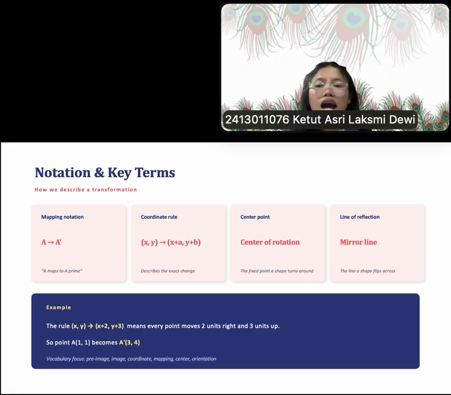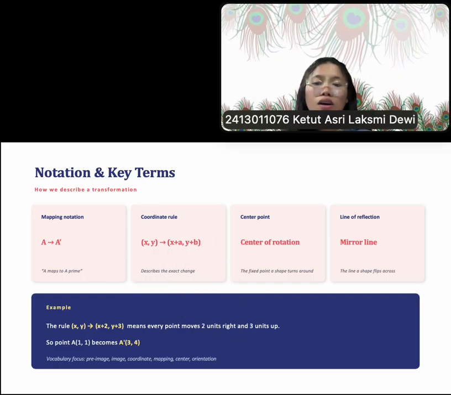Next, let's learn how we describe a transformation using proper notation. First, we can use mapping notation such as A maps to A prime, which simply shows that shape A becomes shape A'.